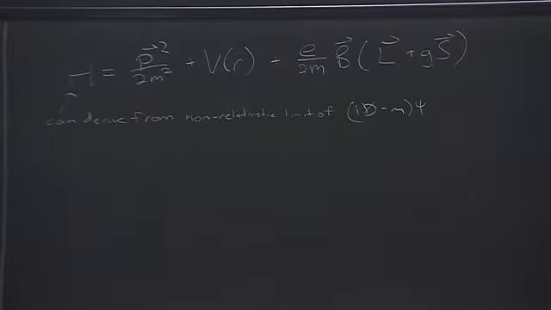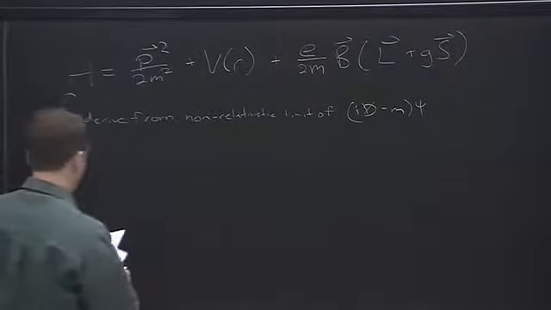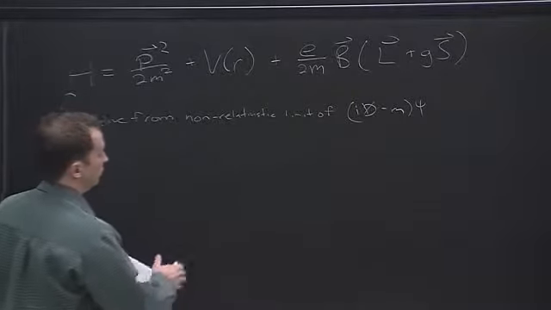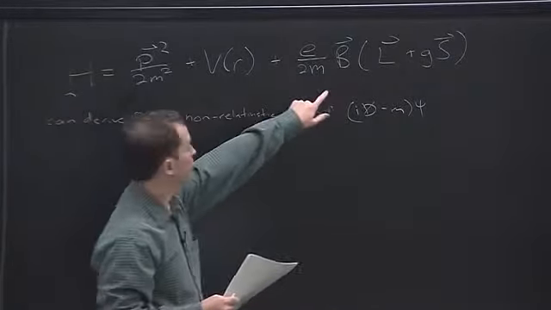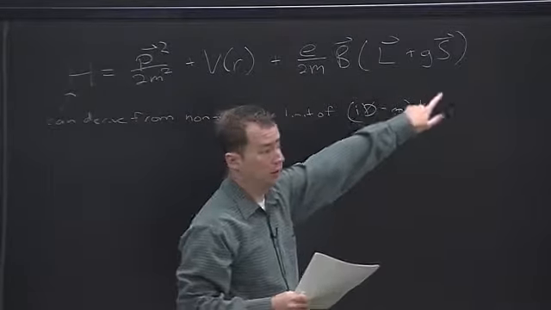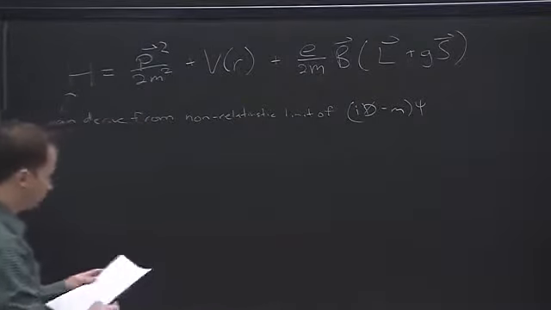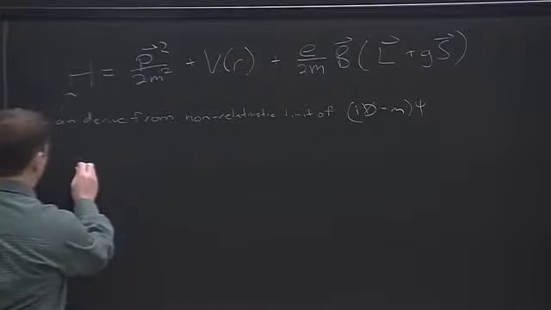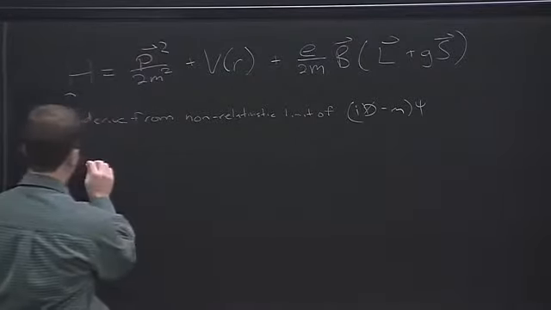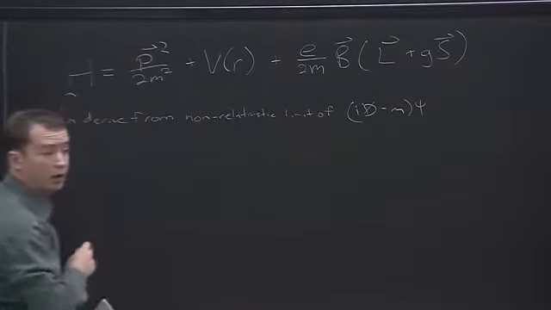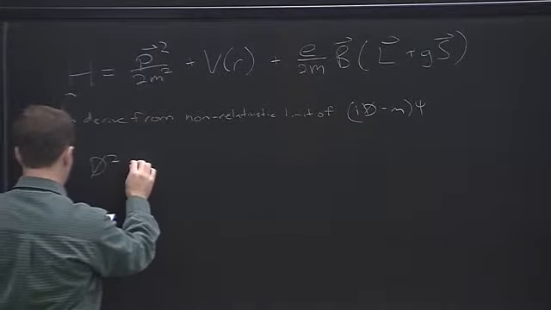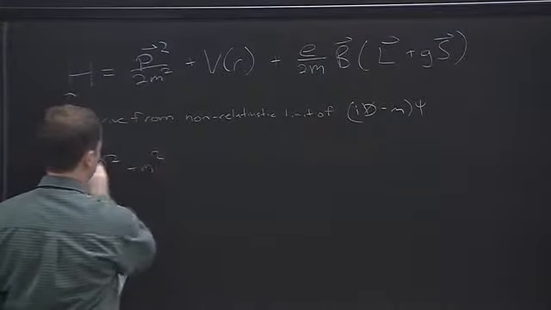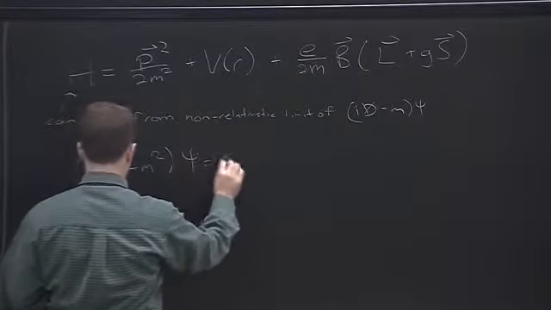And so I won't go through the whole non-relativistic limit. That would take a substantial chunk of the lecture. But let's just see if we can, from the Dirac equation, find a term that looks like a magnetic field coupling to spin. So if we start with the Dirac equation and multiply by iD slash plus m, we get D slash squared plus m squared on psi is 0.